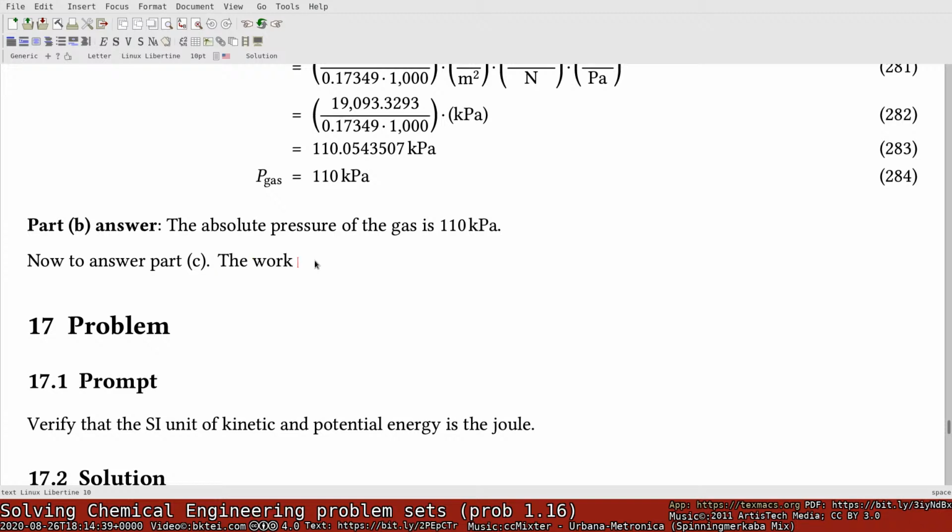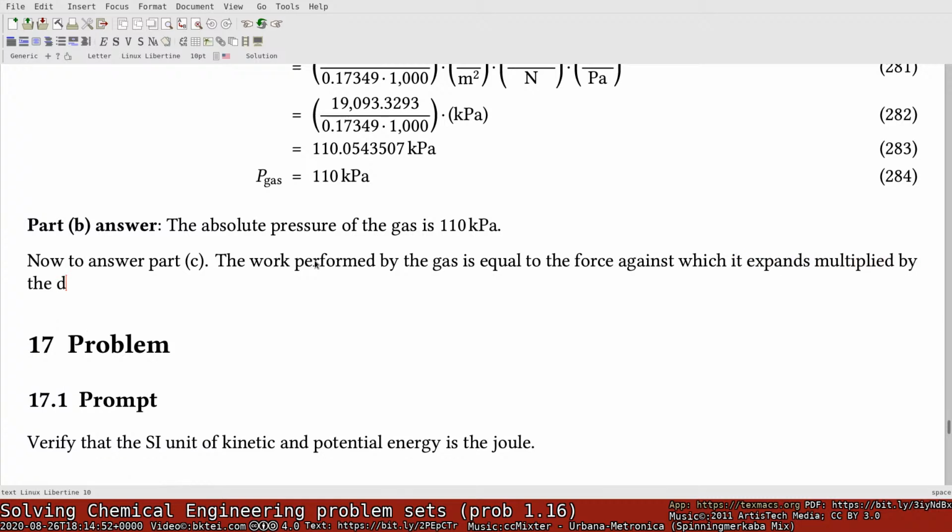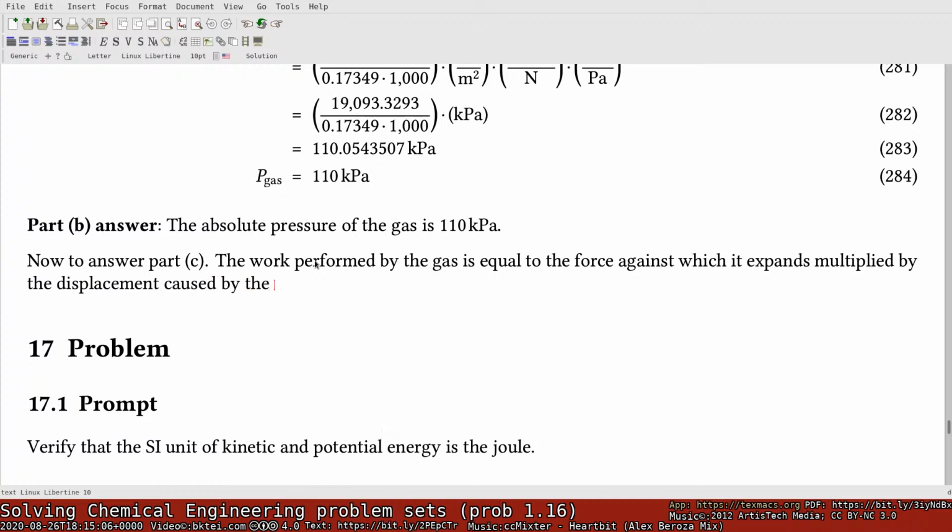The work performed by the gas is equal to the force against which it expands multiplied by the displacement caused by the expansion.